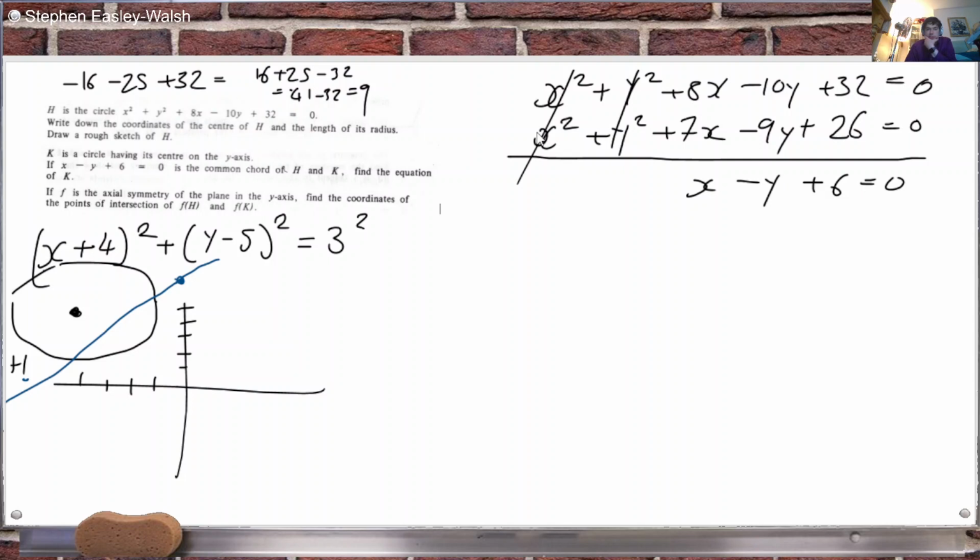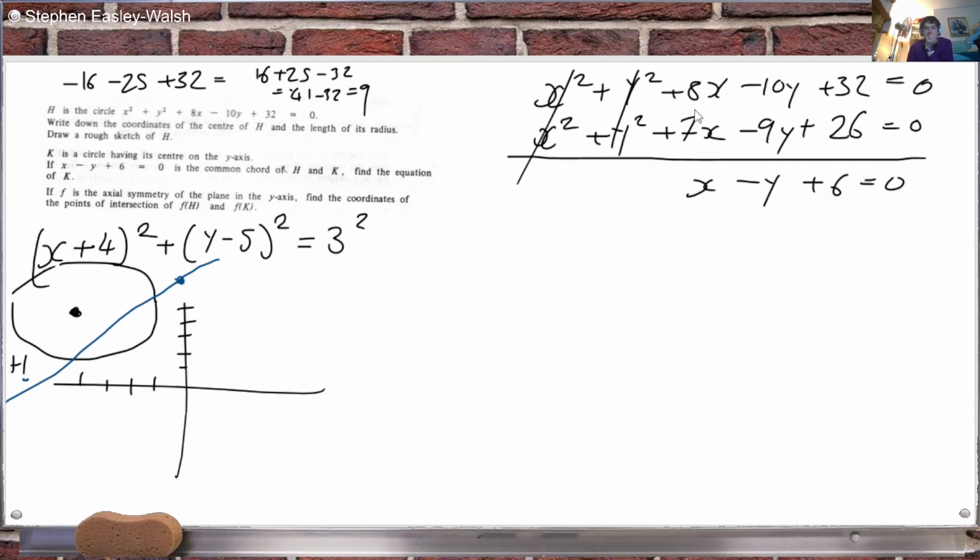So that means if it centers on the y-axis, it shouldn't have a y coefficient, right? So let's think about this. Interesting. Oh no, it shouldn't have an x.